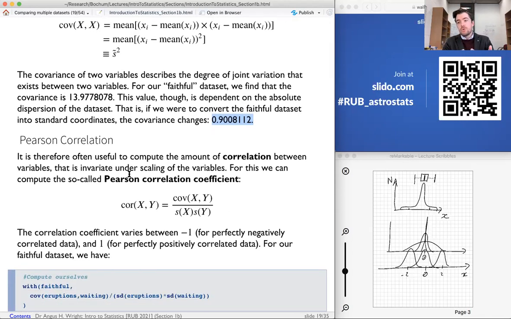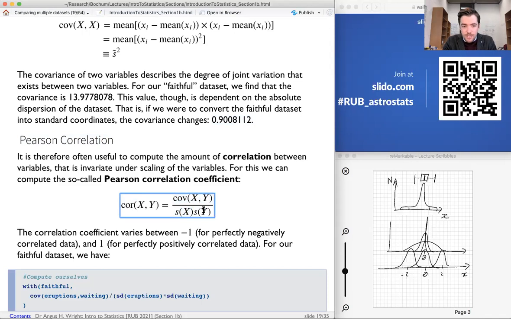In order to remove this susceptibility of the covariance to the scaling of the data, we can calculate instead what's called the correlation. And the correlation, in this case the Pearson correlation between two variables, is defined as the correlation of X and Y is equal to the covariance of X and Y divided by the standard deviation of X multiplied by the standard deviation of Y.